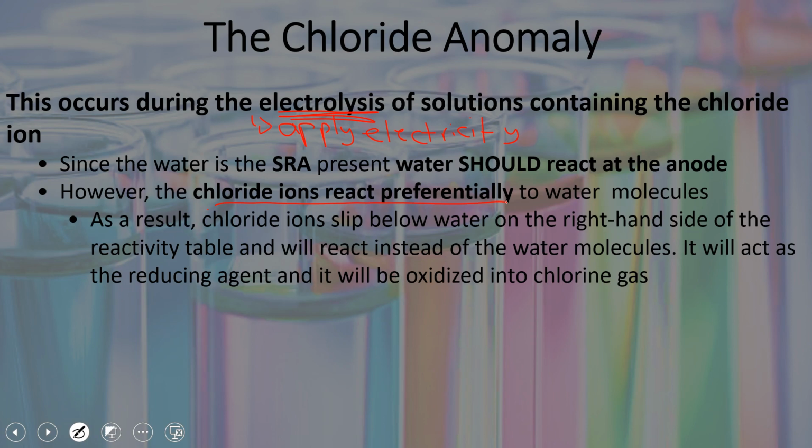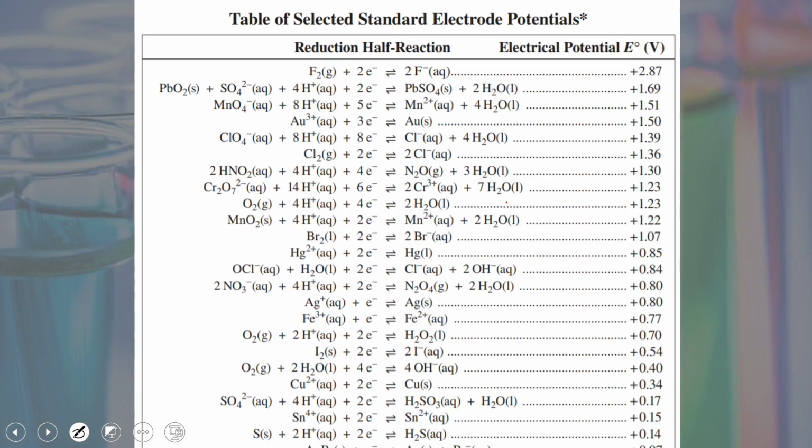There's only a few things to copy there. If I'm looking at my data booklet, what's happening in this case, and this only occurs when you have electrolysis, you're adding electricity to water that has chloride ions in it. This half reaction would actually just slip right below this water reaction right here.